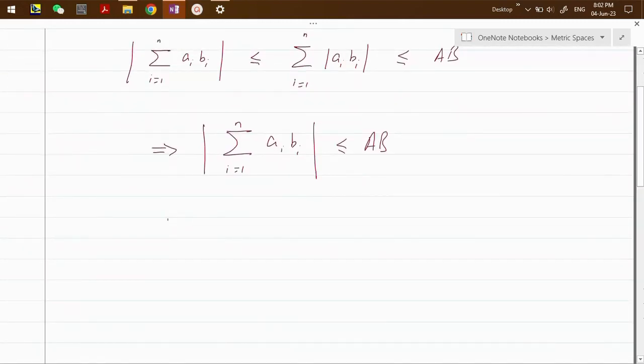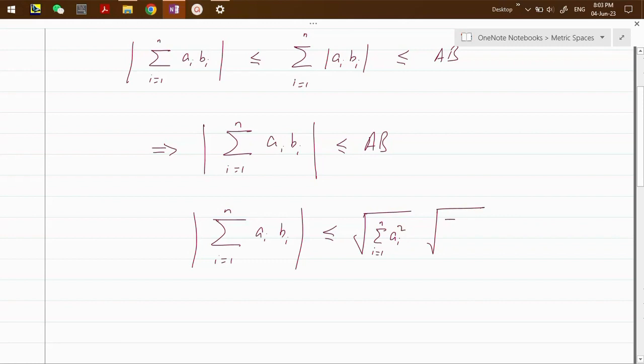And what is ab? Our a is the root of summation i from 1 to n ai square, and b is the root of summation i from 1 to n bi square, which is our required Cauchy-Schwarz inequality by using the first method, hence proved.